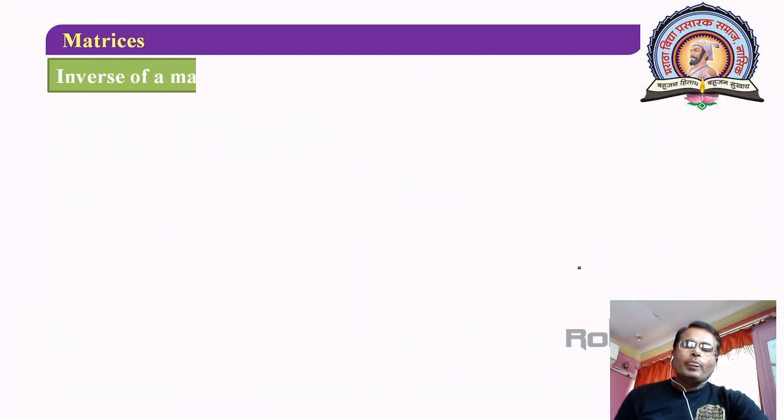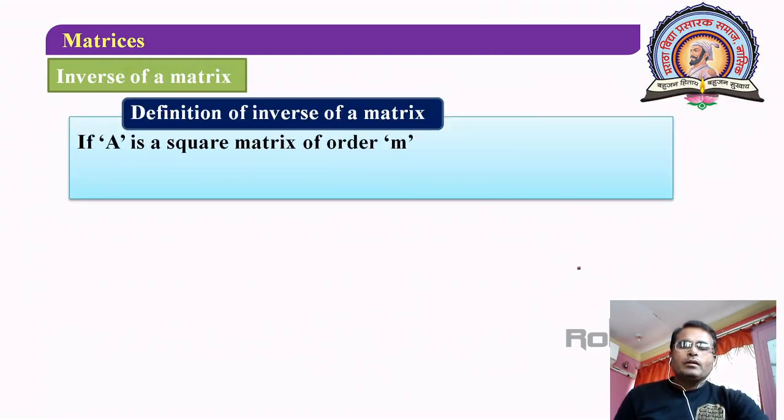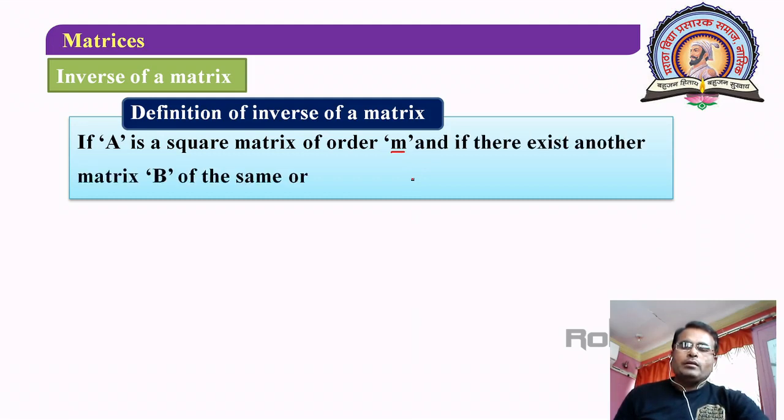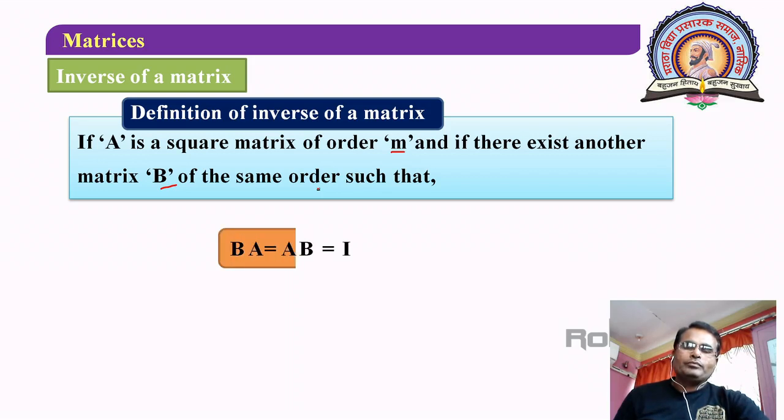Is it clear? Now, the inverse of a matrix is defined as follows. If A is a square matrix of order m, so the first condition is it must be a square matrix, and if there exists another matrix B of the same order such that BA is equal to AB is equal to I, so this is your definition.